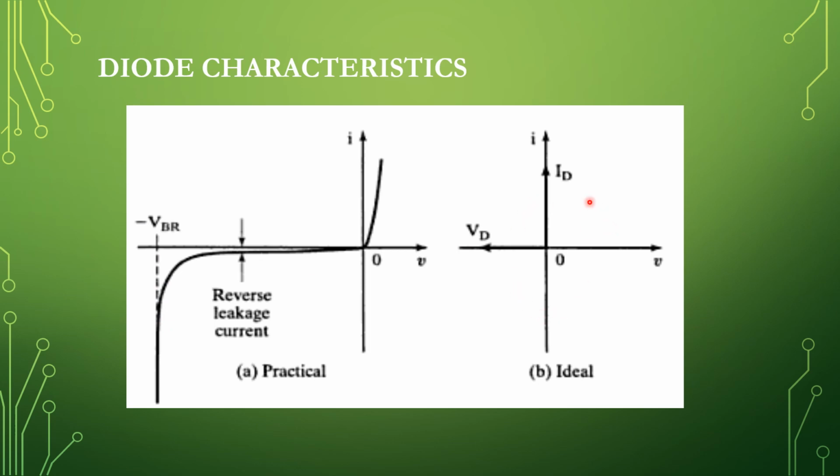This is the ideal characteristic. It is clear that the ideal characteristics and practical characteristics vary a lot. Here the VI characteristics can be expressed by an equation known as the Shockley diode equation.